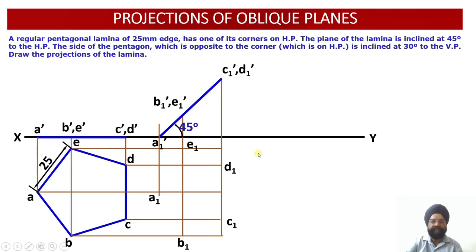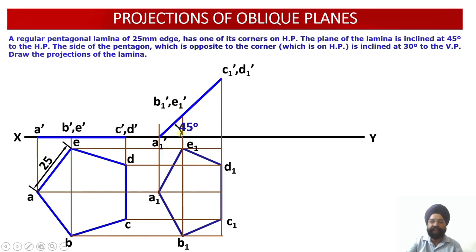Having located all these points A1 to E1, now we can join them. So this is A1, B1, C1, D1 and E1. This is the apparent shape of this lamina when this lamina is inclined with respect to HP at an angle of 45.